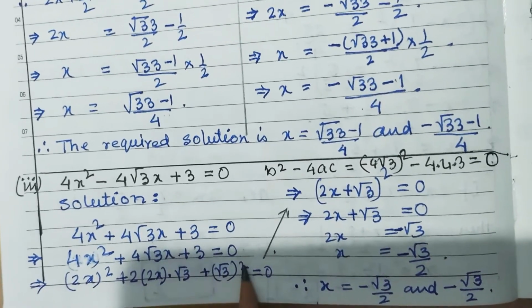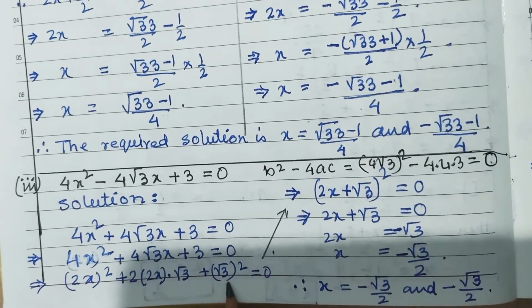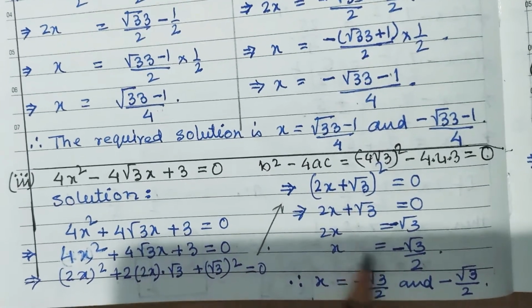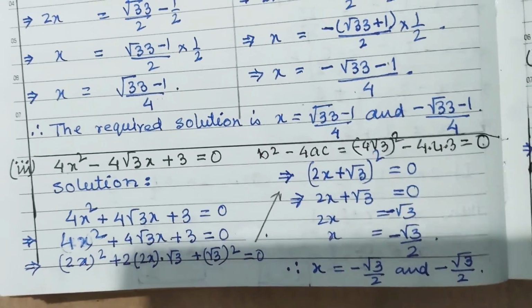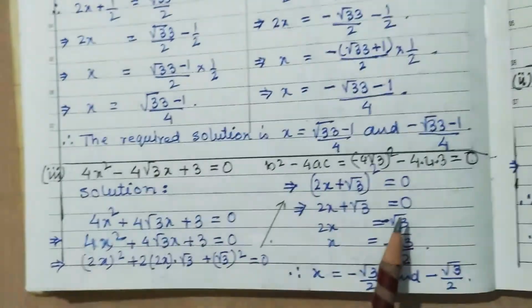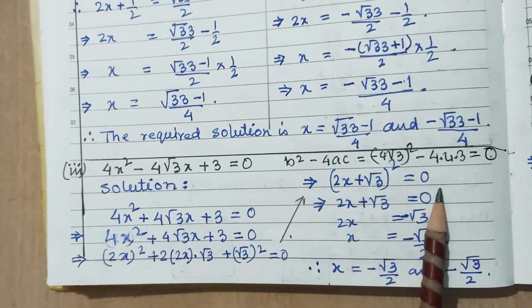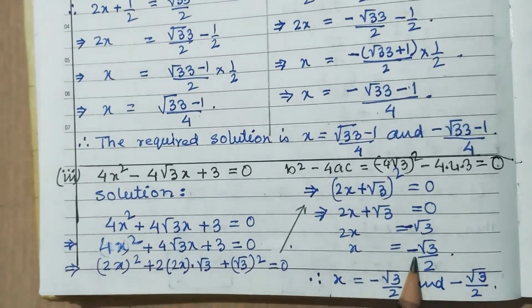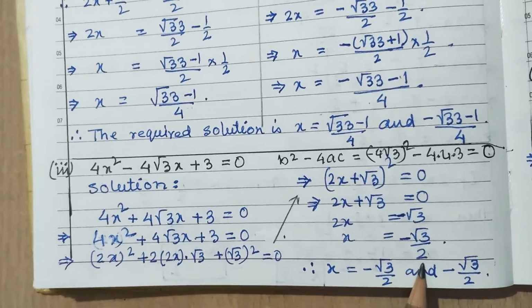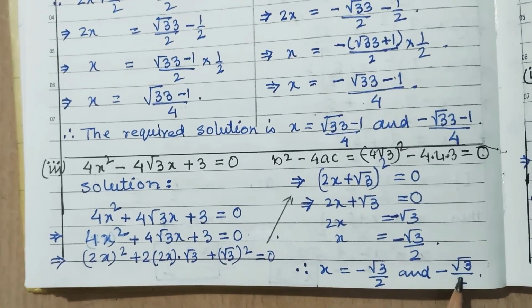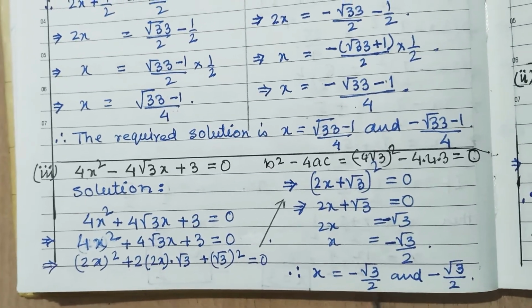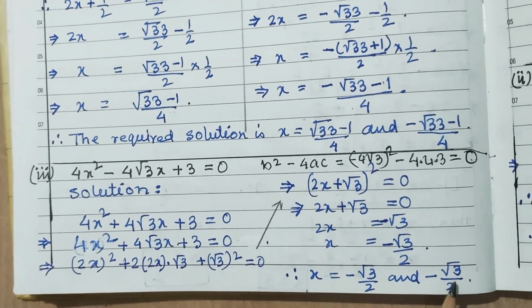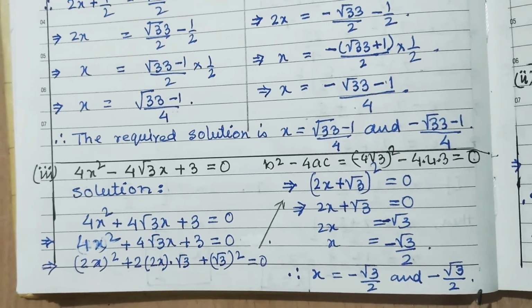B is root 3, whole square. It is coming in this form. So therefore it is (2x plus root 3) square is equal to 0. So x is equal to minus root 3 upon 2. So both are the same roots. Alpha is equal to minus root 3 upon 2 and beta is also minus root 3 upon 2.